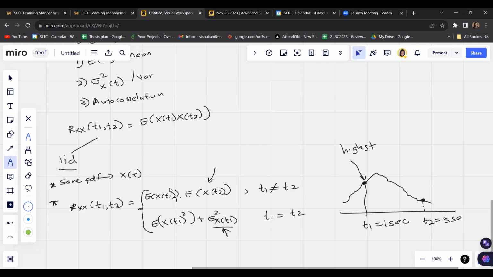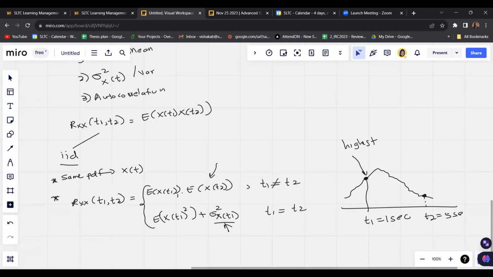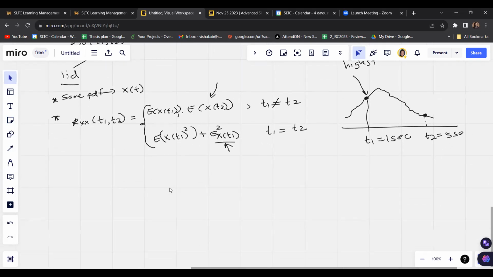So if we take the autocovariance, which I will denote using COV, the autocovariance of the same signal at time instances T1 and T2 will be equal to 0 if the time instances are not equal.